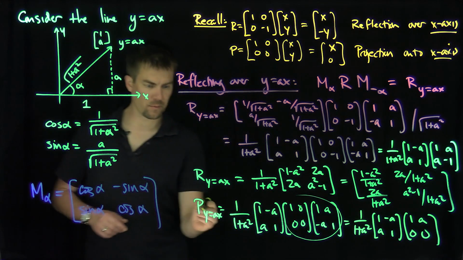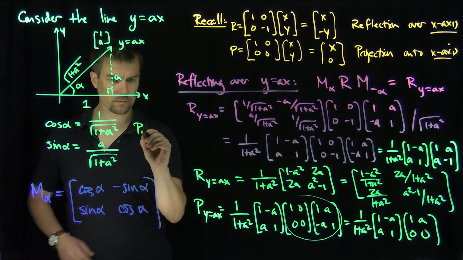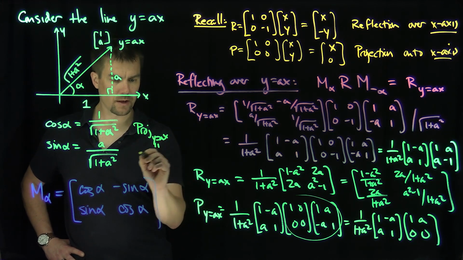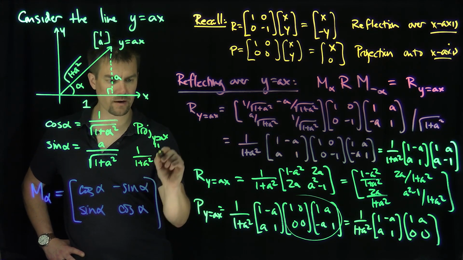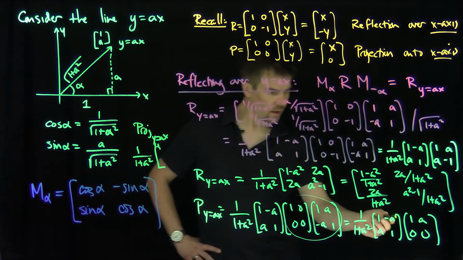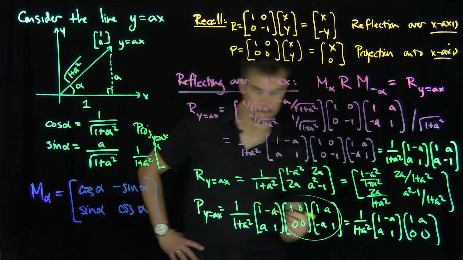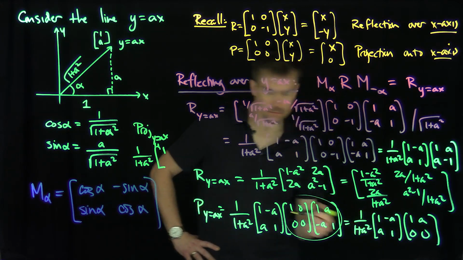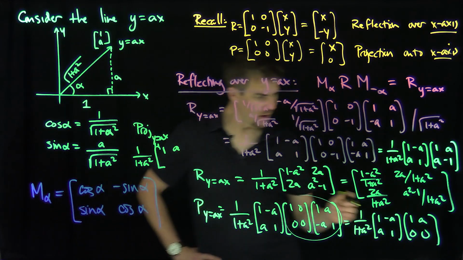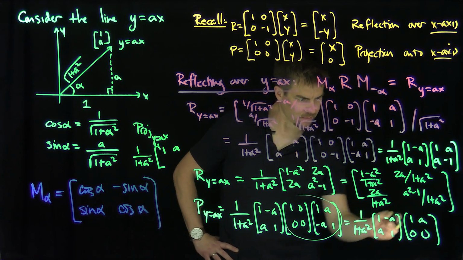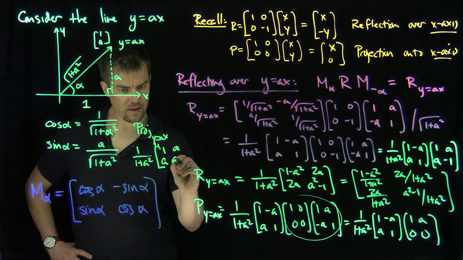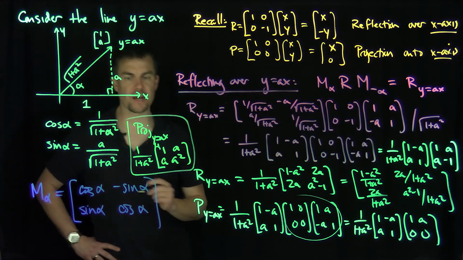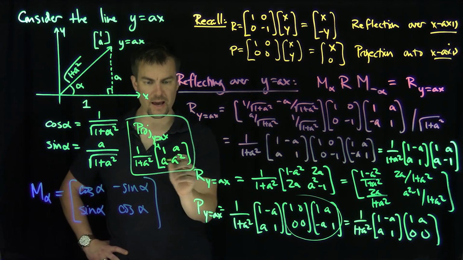Our formula for projection onto y equals ax is going to be 1 over 1 plus a squared times the matrix 1, a, a, a squared. So that is the formula for projection onto the line y equals ax.